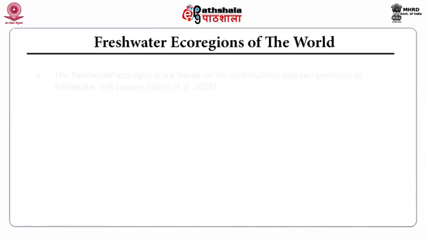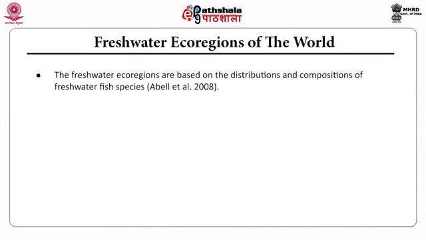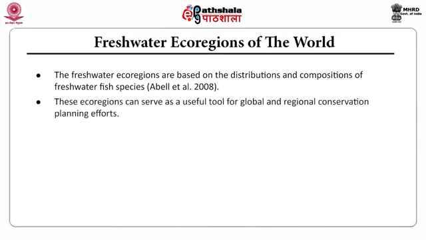Freshwater ecoregions of the world. The freshwater ecoregions are based on the distributions and compositions of freshwater fishes according to Abell et al. 2008. These ecoregions can serve as a useful tool for global and regional conservation planning efforts.